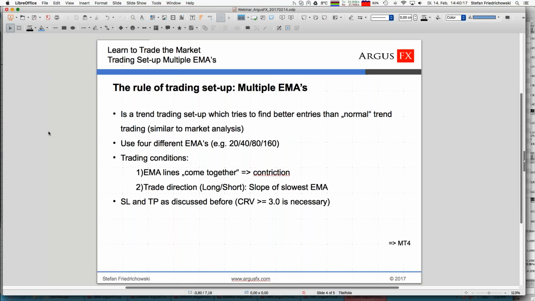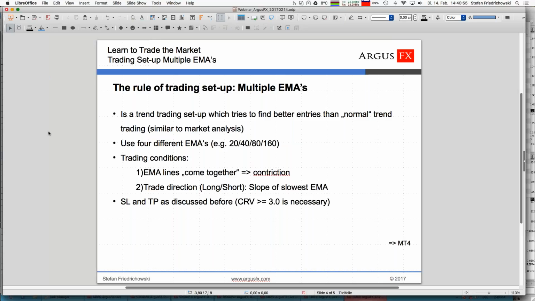So we have talked already about trend trading, which means that we trade in the overall trend direction. But now, since we know that the price never goes in a straight line, so it goes up, down, and if those ups are in total longer than the downs, then this is an upwards trend, and we want to open a long position.